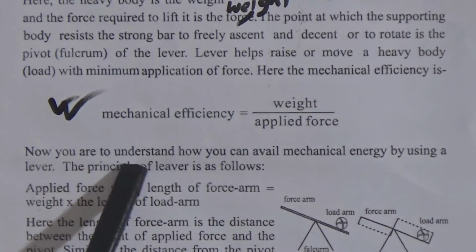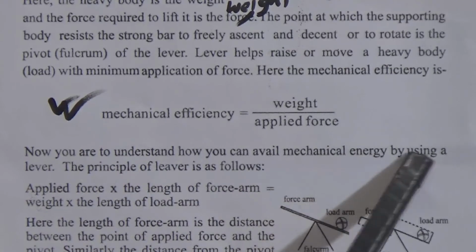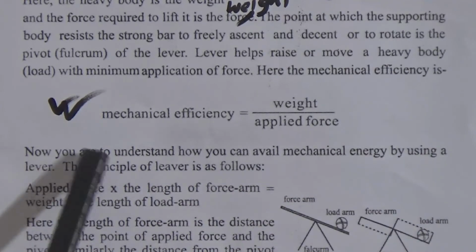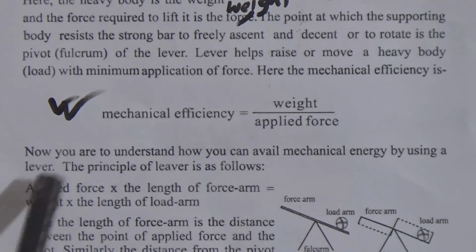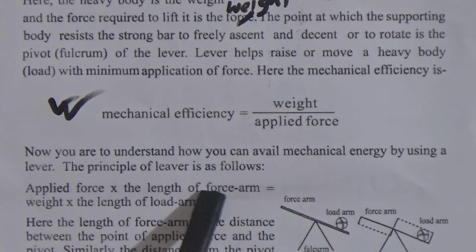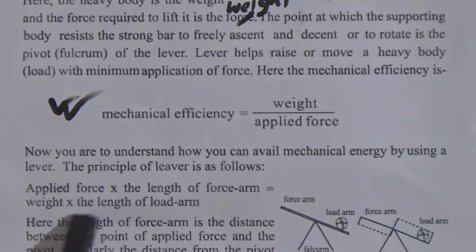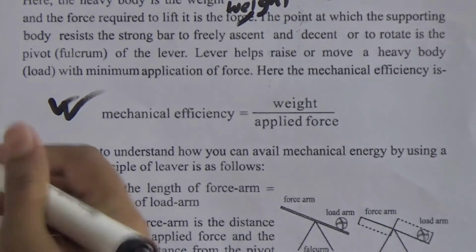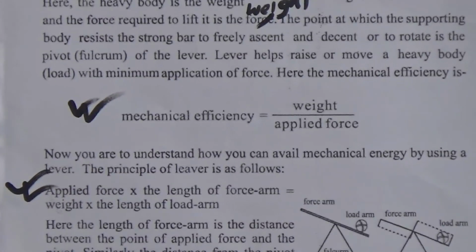Now you are to understand how you can avail mechanical efficiency by using a lever. The principle of lever is as follows. First one, applied force into the length of the force arm equal to weight into the length of load arm. Dear students, you have to memorize the principle of lever too.